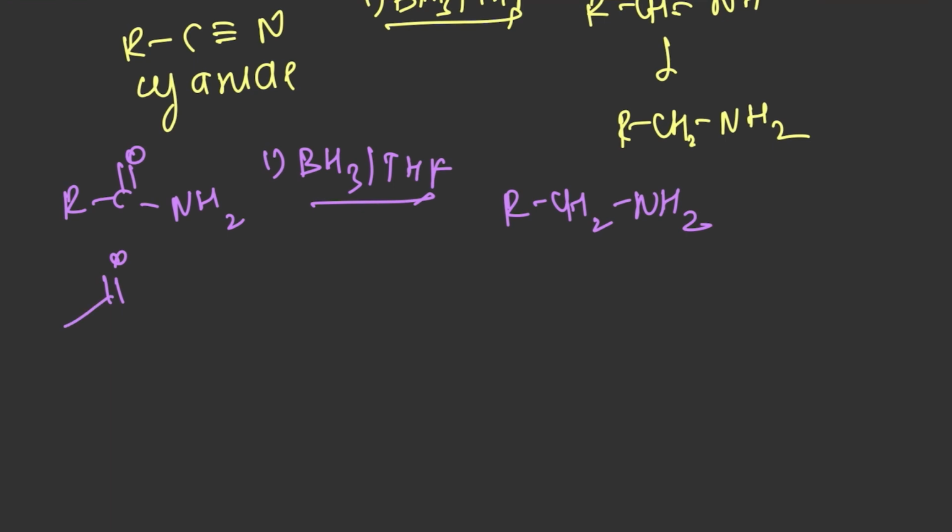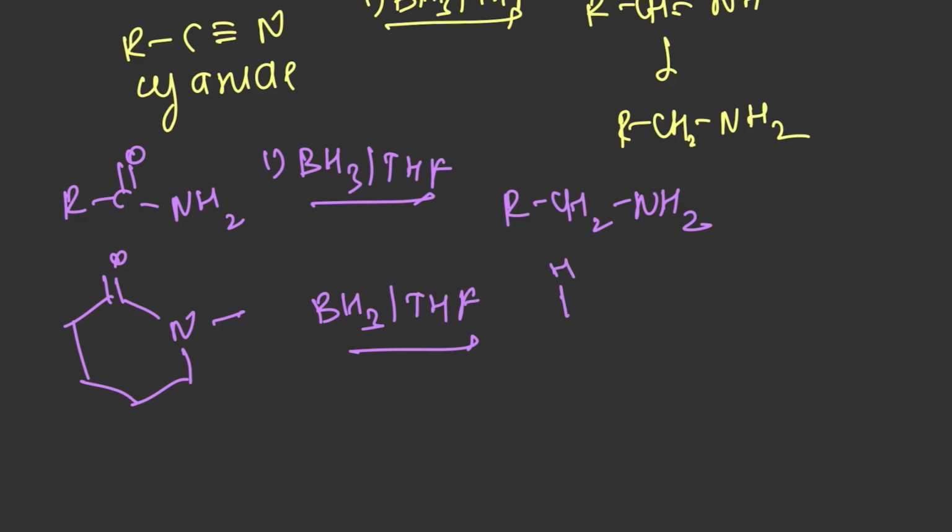This type of amine is formed. It will reduce the double bond. Every time it is reducing the oxygen or double bond, with alkane and alkene. Alkane, we can say alkane.